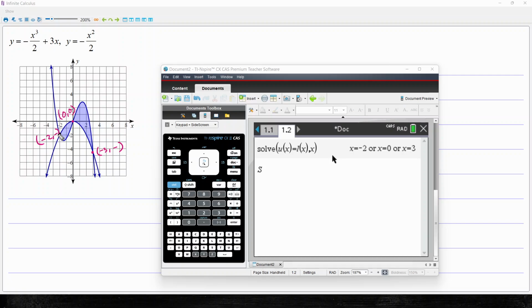So therefore these are the 3 points of intersection where the x coordinates are -2, 0 and 3. Now we need to write the integrals and find the areas.